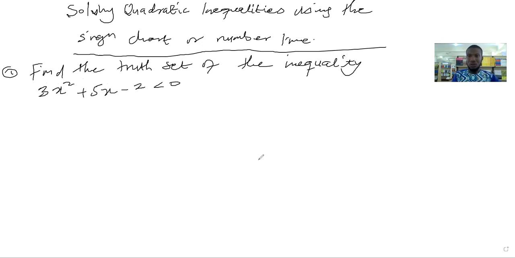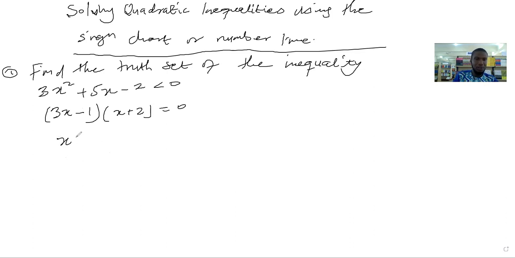Right. So just like in the previous video, the first thing we'll be doing is to find the factors. And using quadratic factorization, the factors will be (3x - 1)(x + 2) equal to 0, because we are going to look for the zeros.